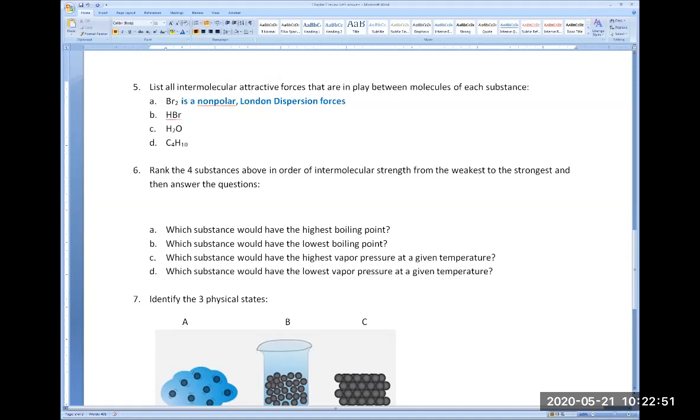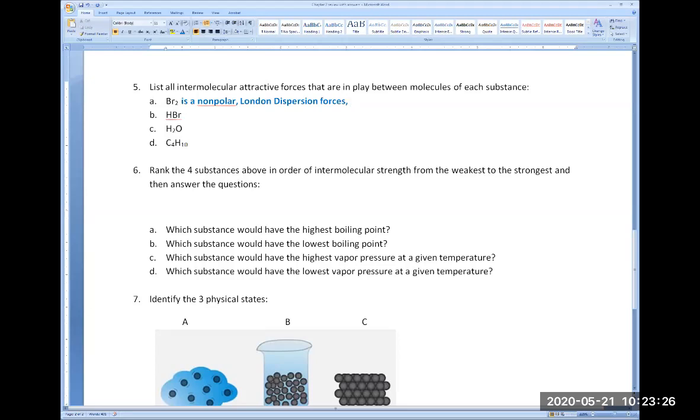So now, can Br2 experience dipole-dipole interactions? You tell me yes or no. So dipole-dipole interactions. For molecules to experience dipole-dipole interactions, they need to have dipoles, right?